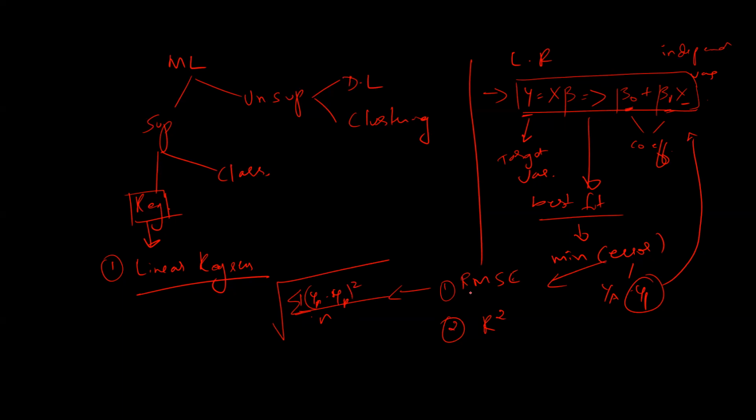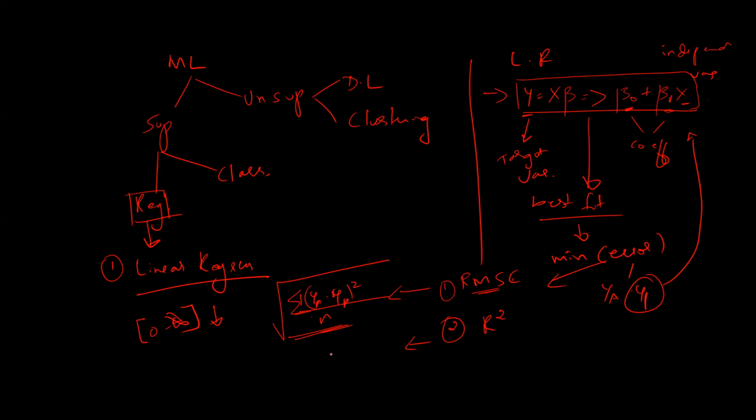Now, should this RMSE be more or less? It should be minimum, as low as possible. The range could be from 0 to infinity. This number will always be positive in nature. Lower the better.